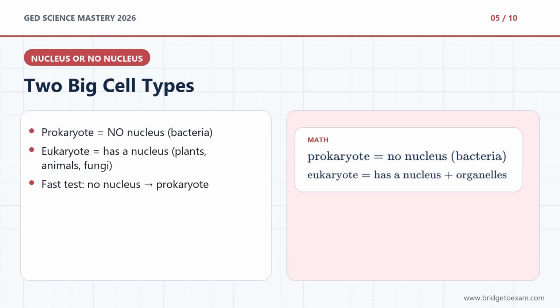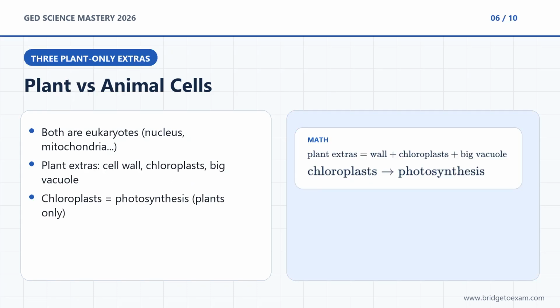A nucleus means eukaryote. Plant and animal cells are both eukaryotes, so they share the nucleus, the membrane, the mitochondria, and the ribosomes. But plant cells have three extras that animal cells do not. First, a stiff cell wall outside the membrane for support and structure.